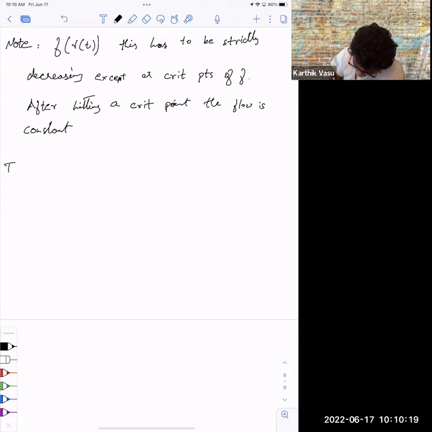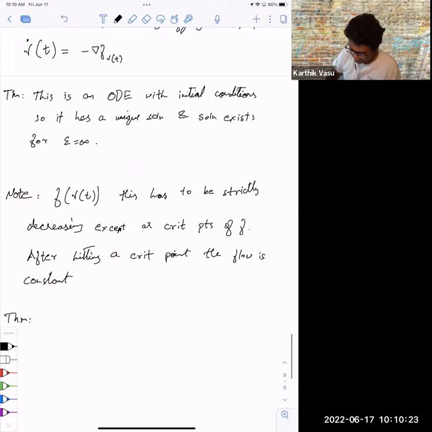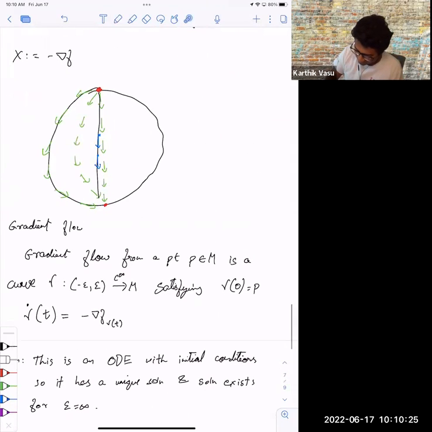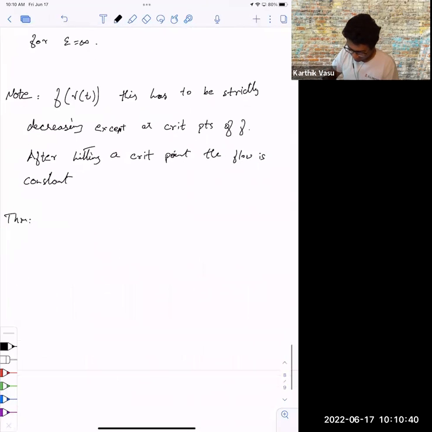Now, something which you can see, intuitively looking at this picture, or the other picture, is that all of these curves end up going into the critical point. Here, since it's the minimum, it has to go into the critical point.